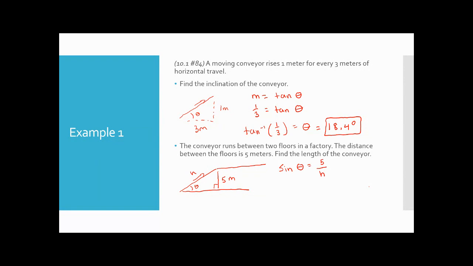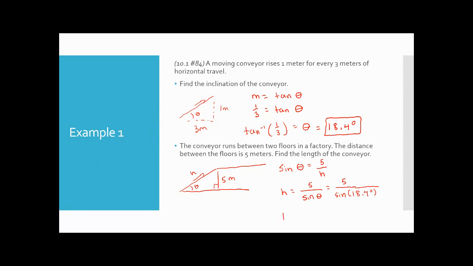And then when you solve for h, you get h is equal to 5 divided by the sine of theta. So we just need to plug in. And since I'm on degree mode, I'm going to make sure I stay on degree mode so that I do the sine of 18.4 degrees. So 5 divided by sine of 18.4.